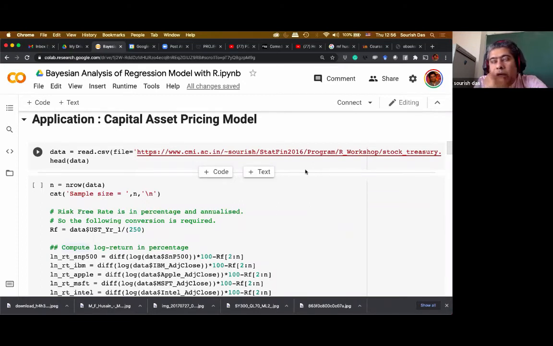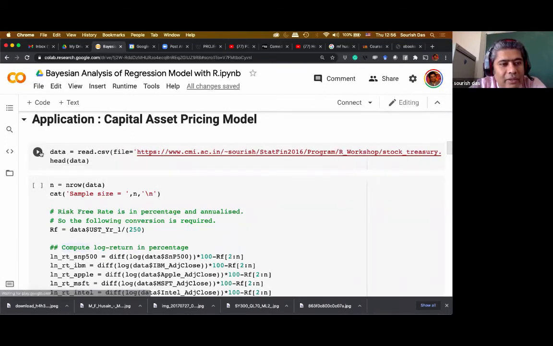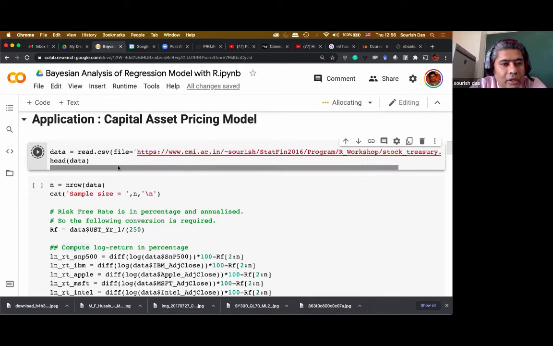If you want, I can give you the YouTube link for the intro, but I'm going to use the same thing once more to develop the Bayesian CAPM and show you how Bayesian regression works, and then we will extend on top of that. The data is available on my website. You can just take this data. It is a bit old data, but for demonstration purposes, it will work just fine.